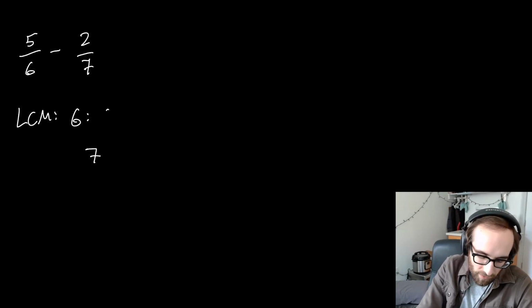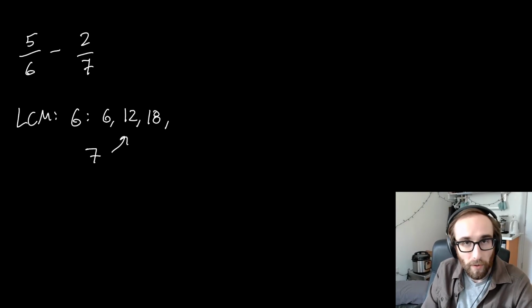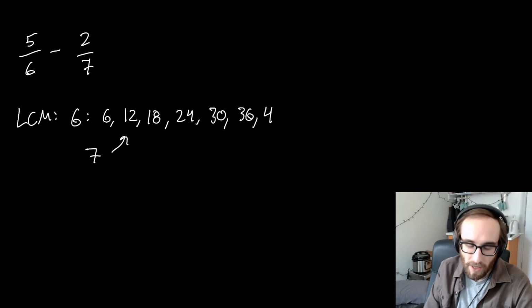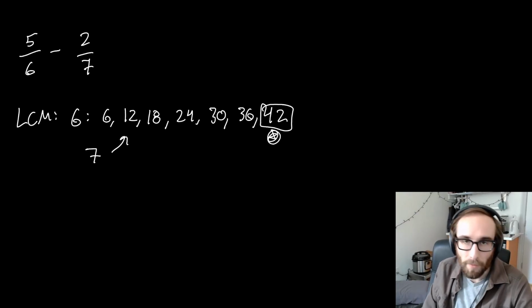So multiples of 6 are 6, 12, 18, and you can check all of these to see if 7 goes into any of them. So far, 7 does not multiply to any of these. We have 24, 30. In this case, 7 doesn't end up multiplying into any of them until we get to 7 times 6, which is 42. So 42 is our least common multiple.